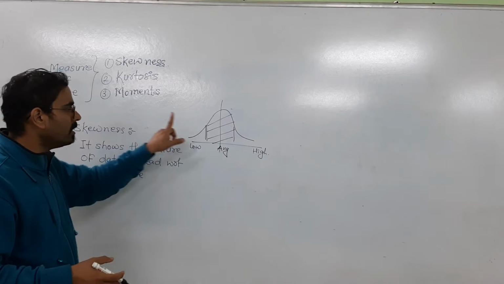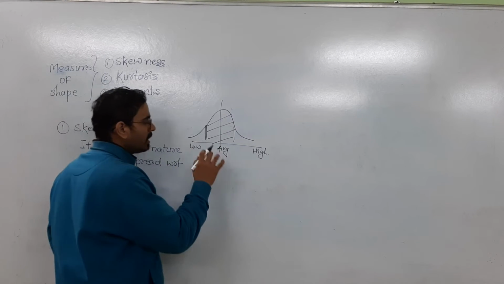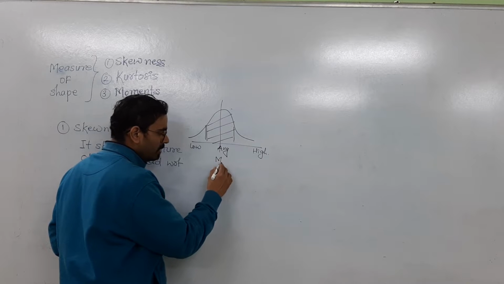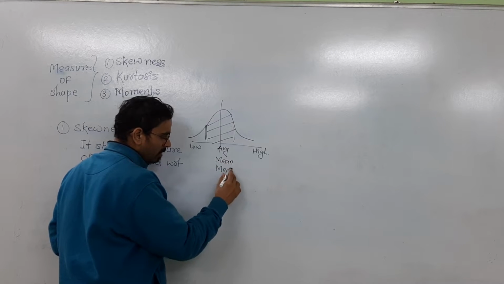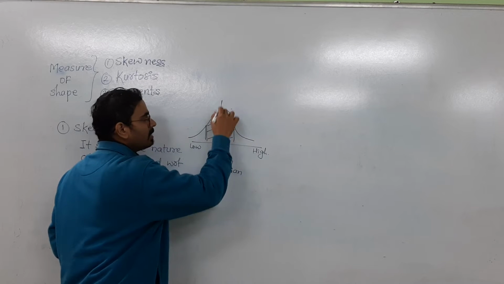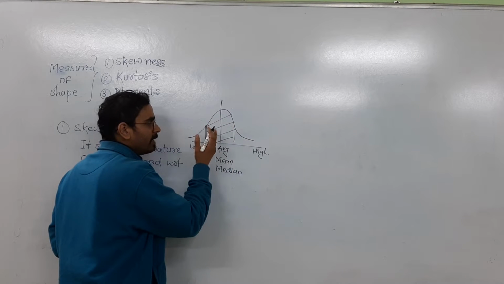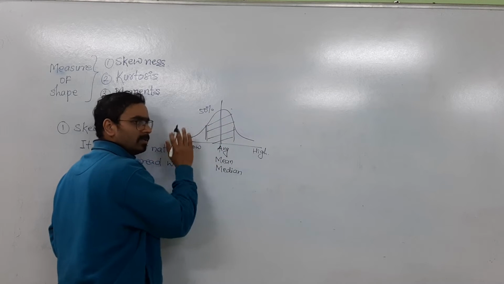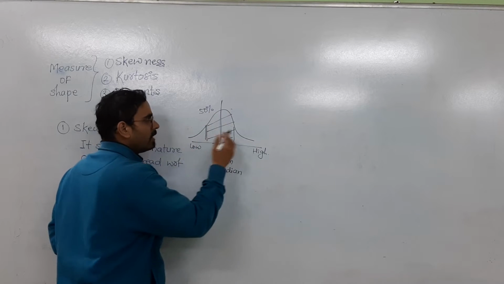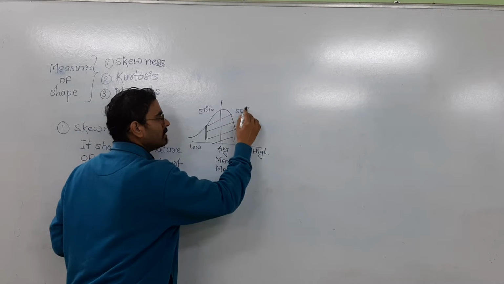Okay. So in that diagram, mean and median are the same. Why? Because in general that data is almost 50% on the left side of the central value, and 50% is on the right.